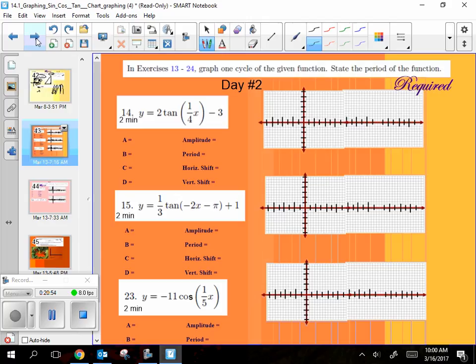All right, over here, these are problems just like the last 2 days. It's just that now it's a tangent graph to start with. Again, your tangent graph, I put my asymptotes at 4 marks out. That's pi over 2, and that makes this negative pi over 2. And there's normal tangent.